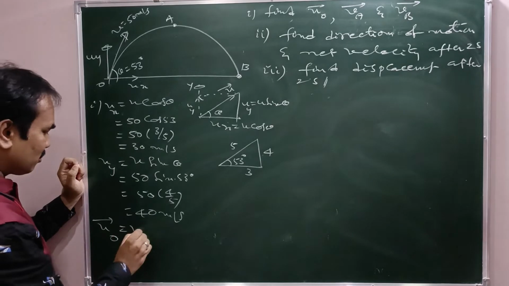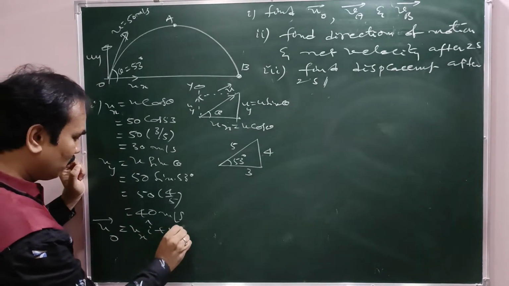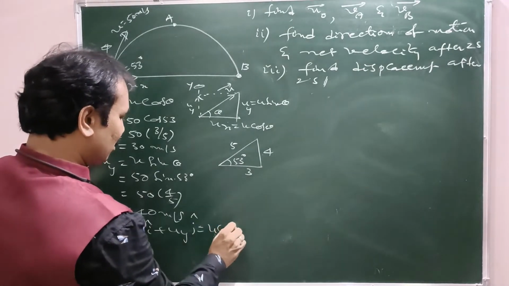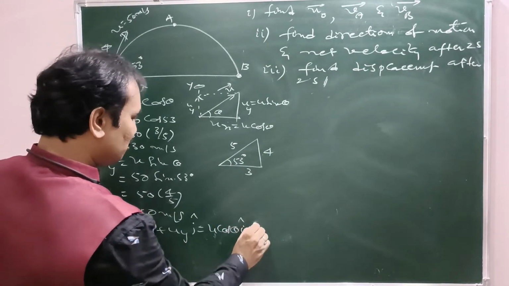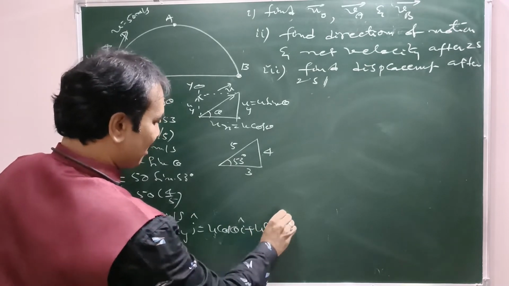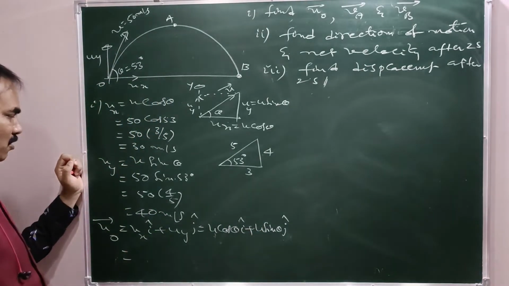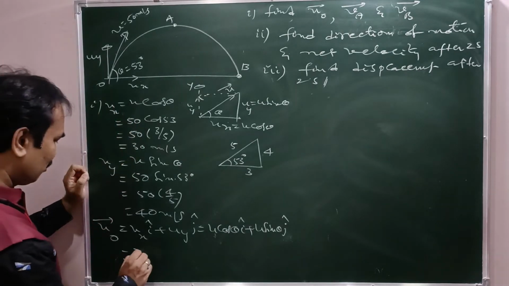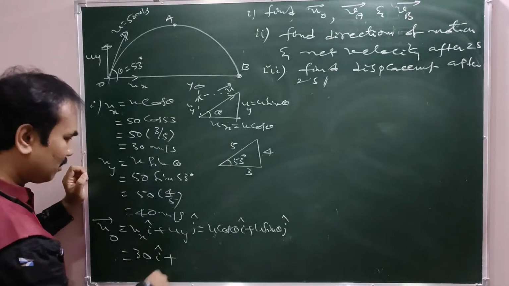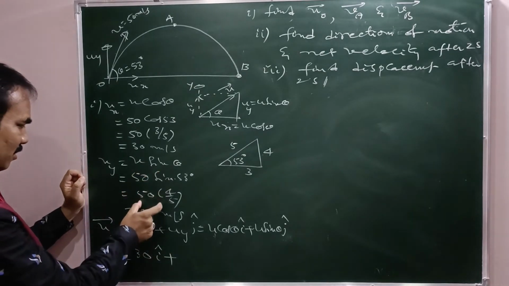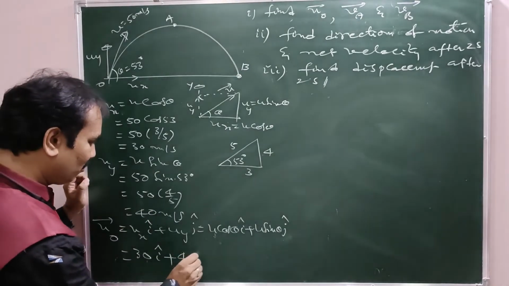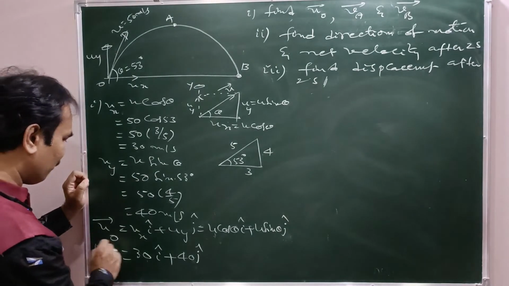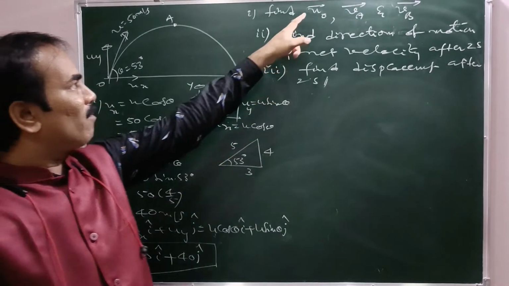That is u cos theta into i cap plus u sin theta into j cap. So u cos theta means 30 into i cap plus u sin theta means 40 into j cap. This is the velocity of projection at O in vector form. So number 1 is over.